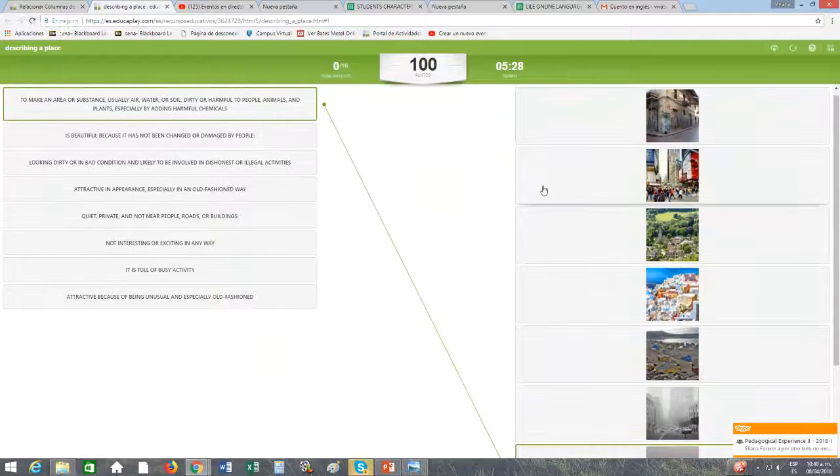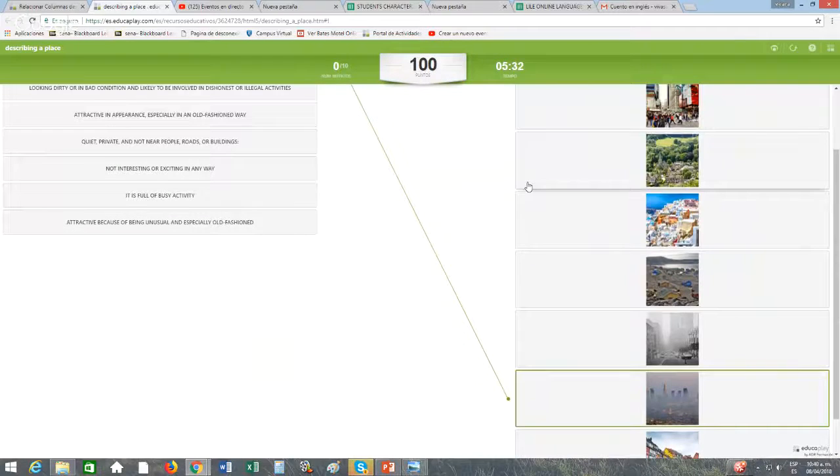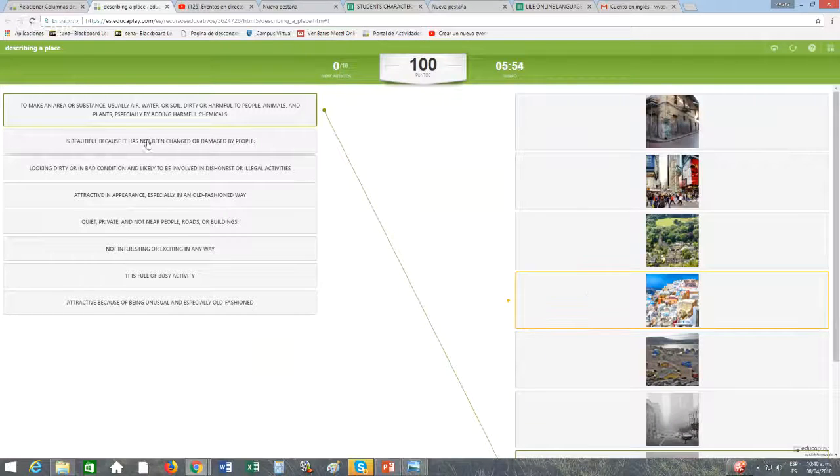Which picture do you think is possible? I think it's the fourth picture, or the other possible is the last picture. I don't know, but I think it's the fourth picture. This one? Yes. Okay, let's try.